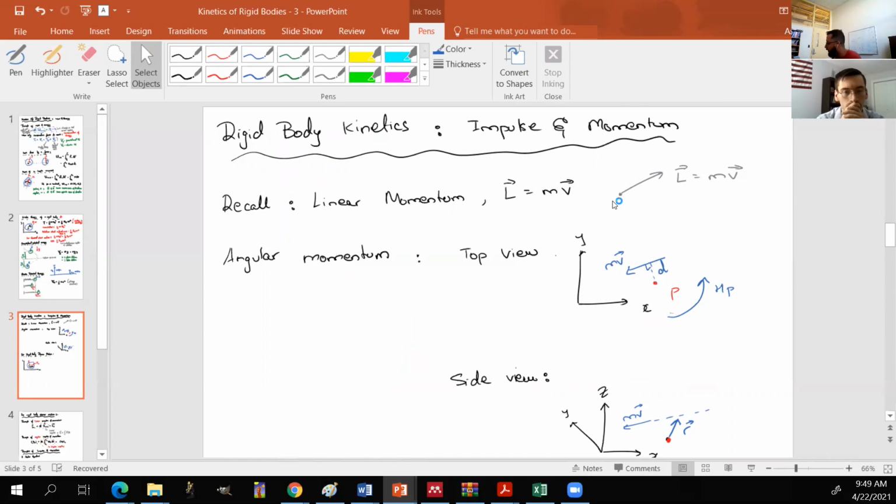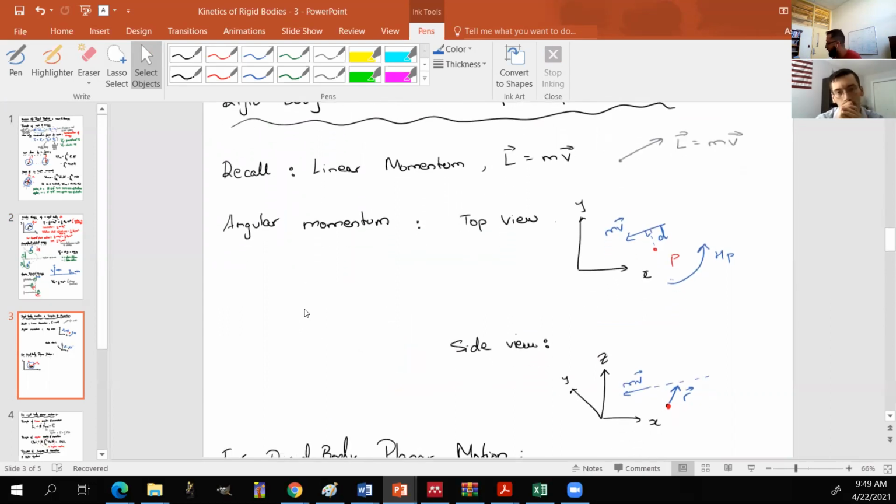Angular momentum, we looked at it very holistically, but I've simplified it for you here. Because for rigid body stuff we're only concerned with planar motion, you look at just the plane in which your motion is happening. So this is the top view looking onto the plane, and you always find your angular momentum about a point.